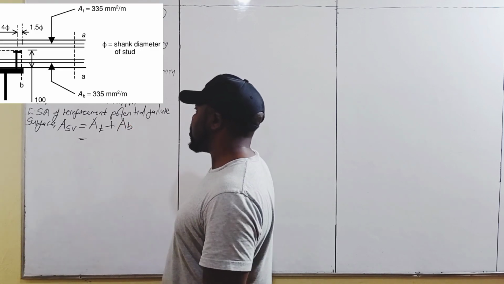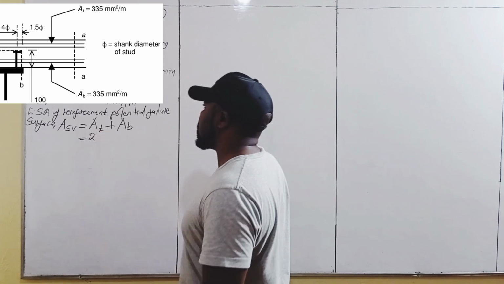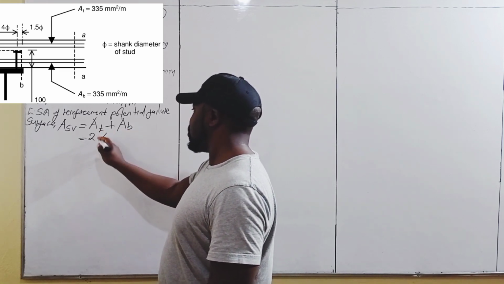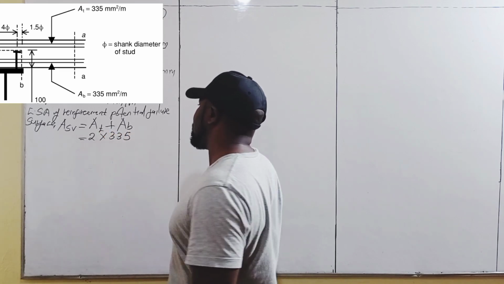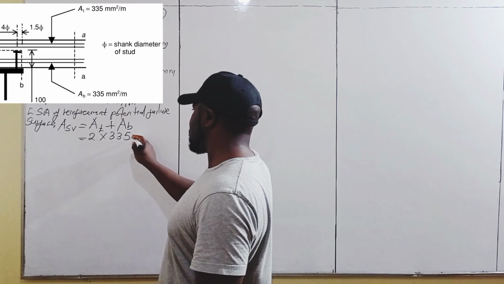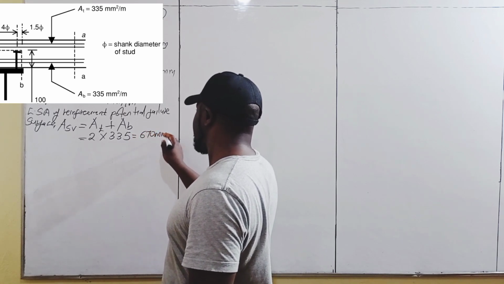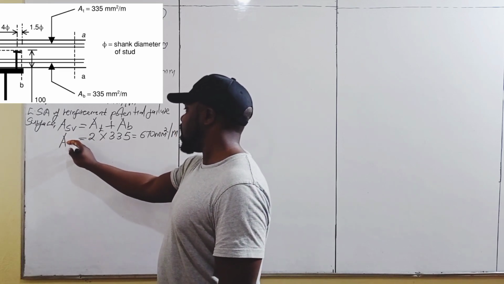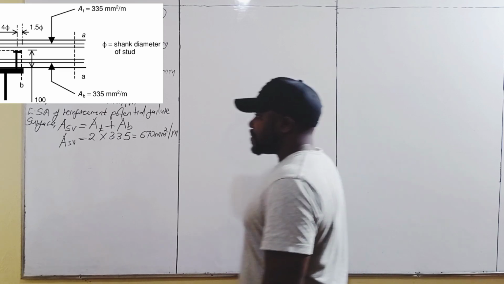And since both areas are the same, the tensile stress area of the bolt and the area of the bolt, both of them are 335 square millimeters. Therefore, this is going to give us 670 square millimeters per meter. That is the value of ASV.